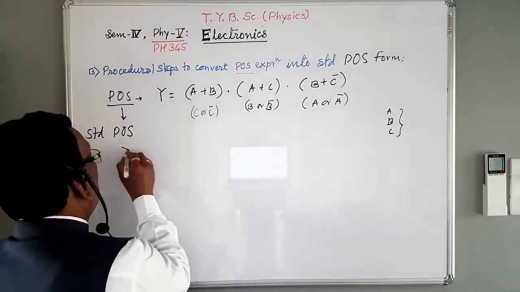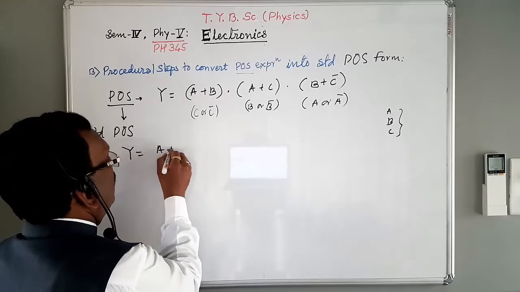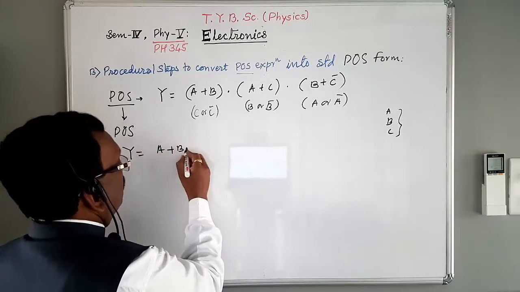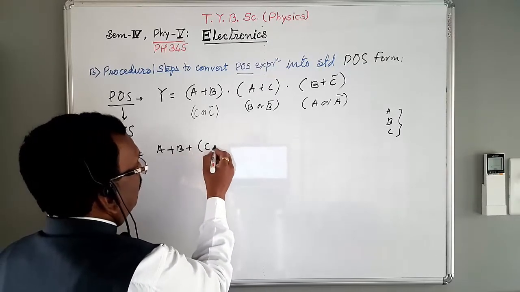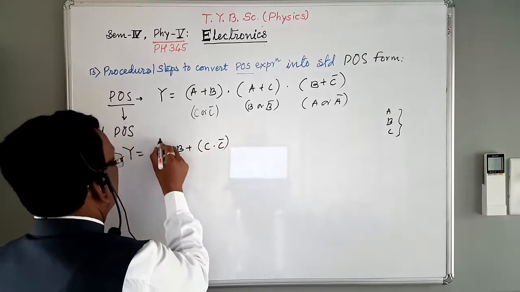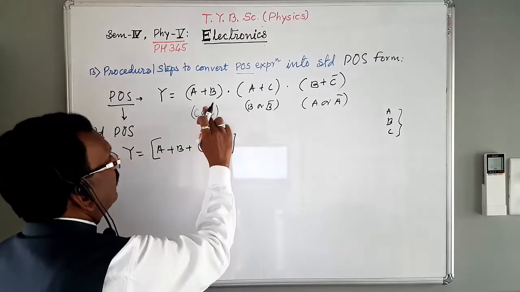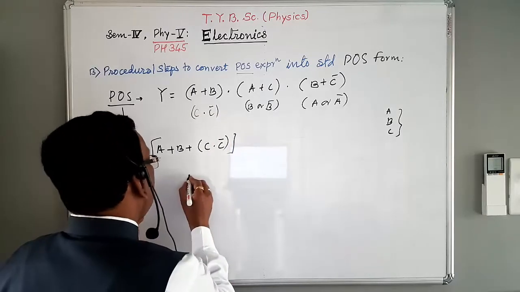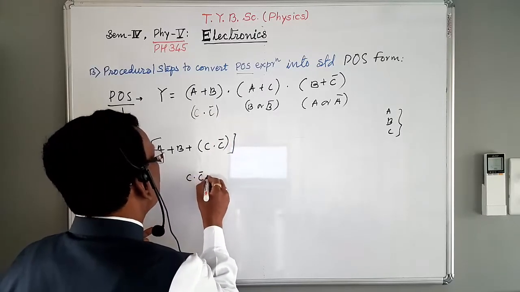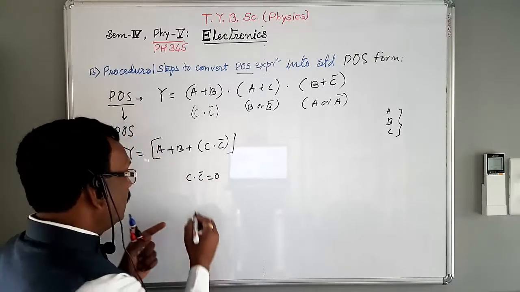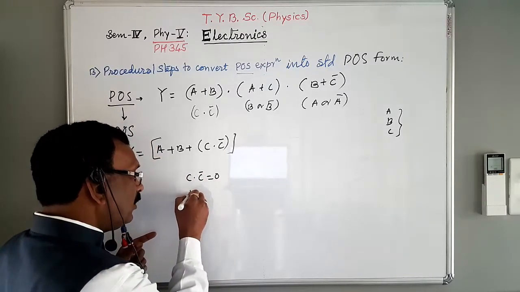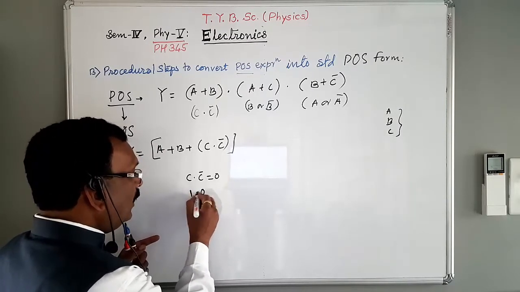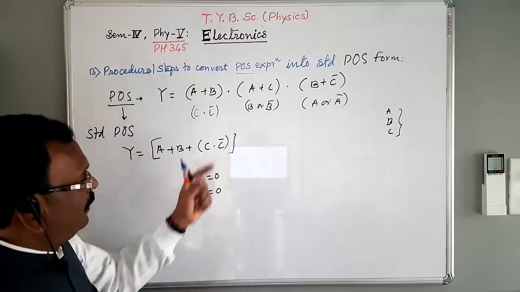So we have y is equal to (A plus B plus C into C bar). We added this because C into C bar is equal to 0. Suppose C is logically 1 and its complement is 0, then 1 into 0 is 0.